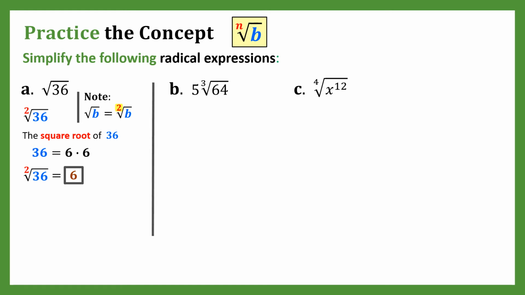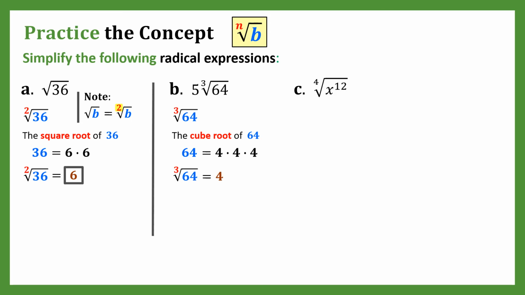Now, let's look at the second example. To begin, let's focus on the radical expression, which is the cube root of 64. If we factor 64, it is equal to 4 multiplied 3 times. This means the cube root of 64 equals 4.